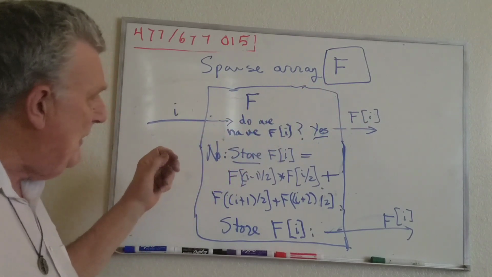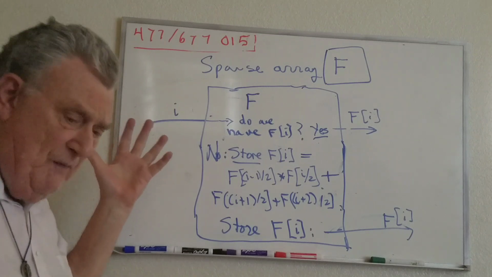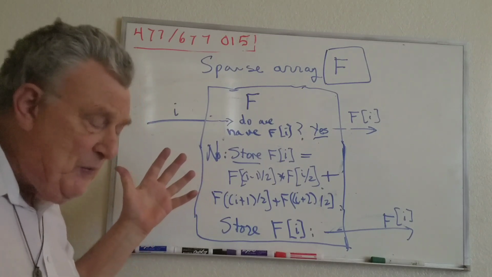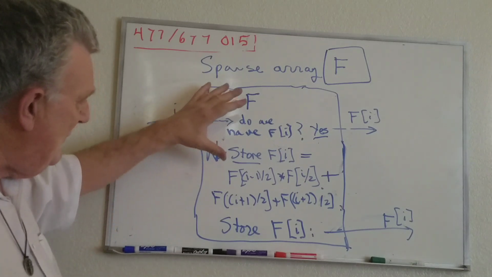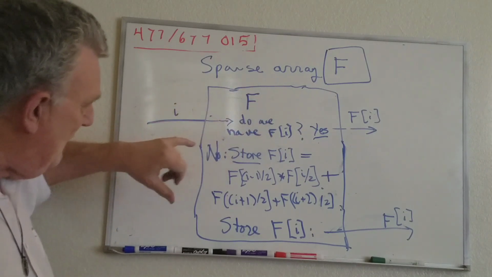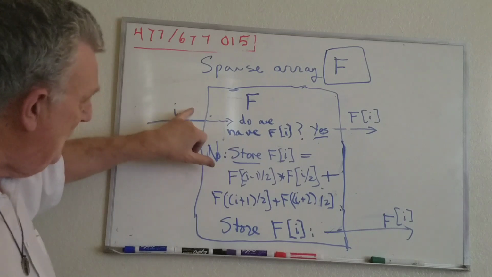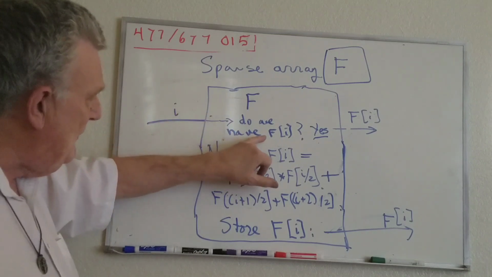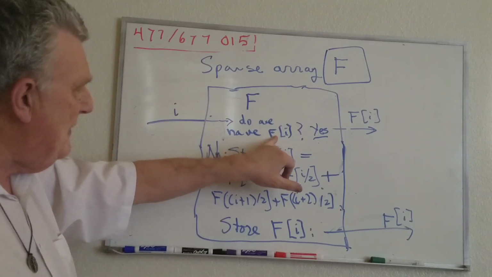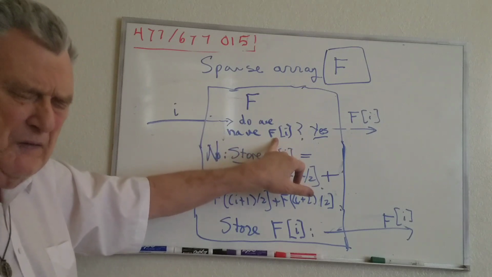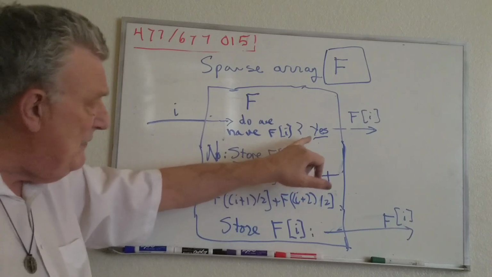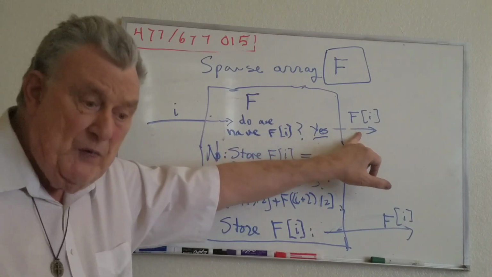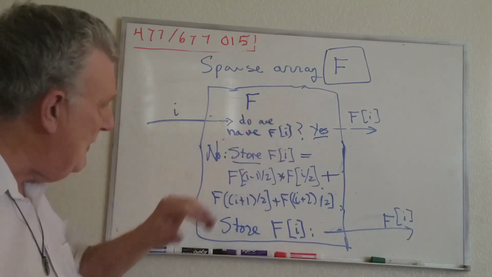And in the sparse array, we have to be able to tell whether the value of f of i has already been computed. So the way the sparse array works is a program that looks like this. We input the index, and the first thing we do is ask whether this has previously been computed, whether f of i is a value we already know. If it is, we return that value, and the subprogram ends.